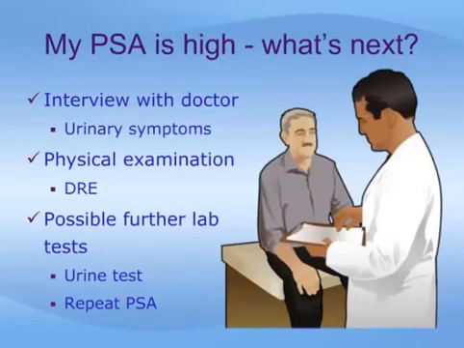If your PSA has been tested and has come back elevated, you will likely meet with your doctor first to discuss it. If not done already, you'll be asked about urinary and other symptoms to rule out obvious causes of the rise. And a rectal examination of the prostate will be performed. Often, a urine test is done to rule out infection or the presence of blood in the urine, and the PSA may be repeated to confirm the result.